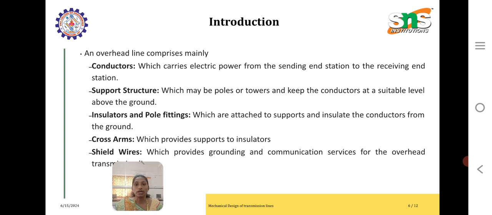Next are insulators and pole fittings, which are attached to supports and insulate the conductors from the ground. Next are cross arms, which provide support to insulators. Next are shield wires, which provide grounding and communication services for the overhead transmission lines. So this is the basic introduction to the very important components used in the transmission line.